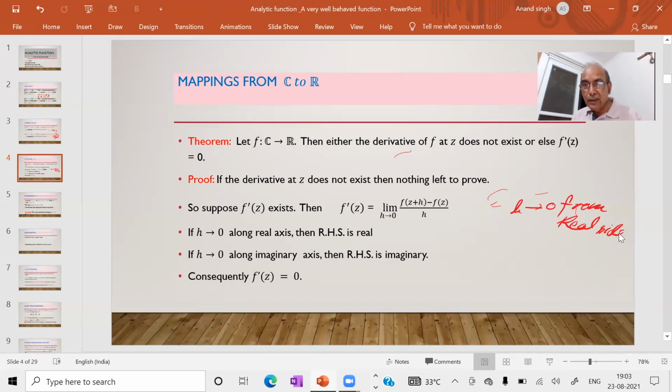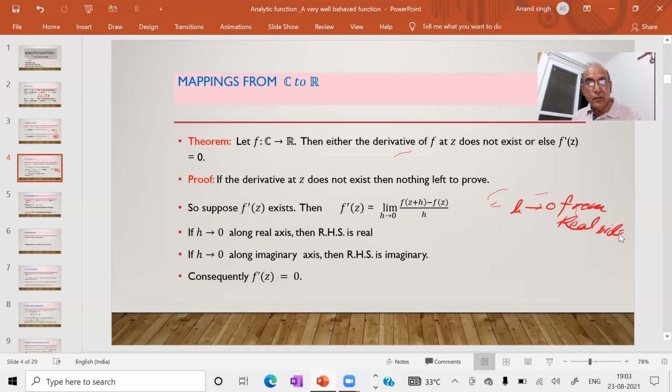Everything becomes real, so f dash of z is going to be real. If h tends to 0 along the real axis, the right-hand side is going to be a real number, and therefore f dash of z is going to be real.